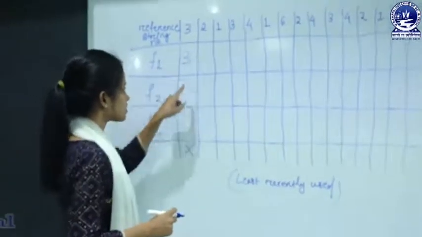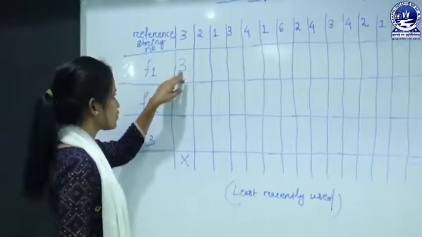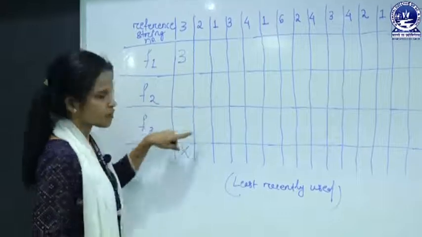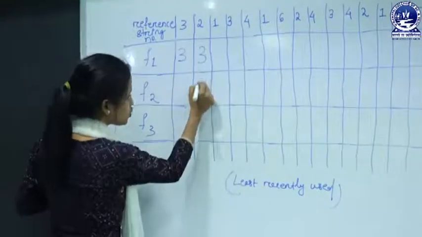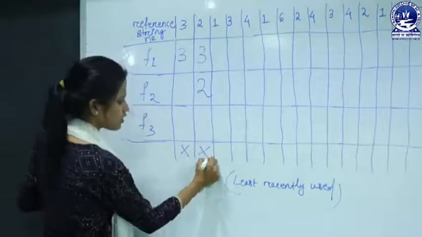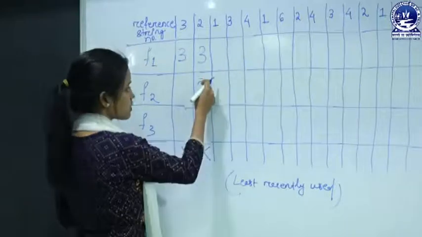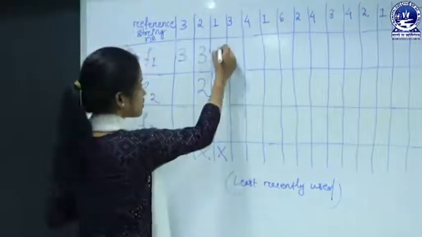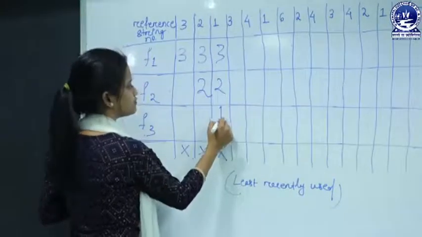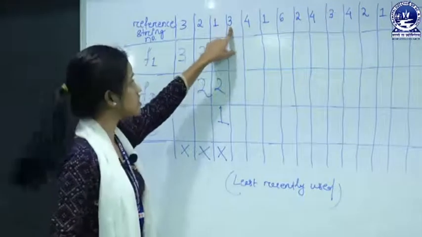Next, 2 is not there either, so we put 3 and 2 into the main memory, and it is also a page miss. Next, 1 is not there, so also a miss, and we have 3, 2, 1. The next reference string number is 3.